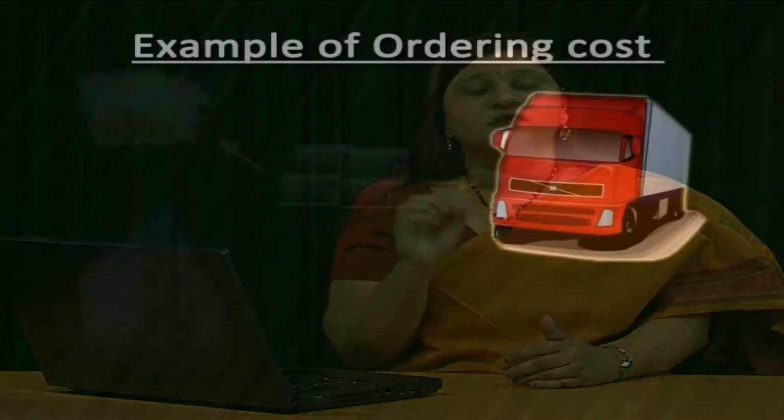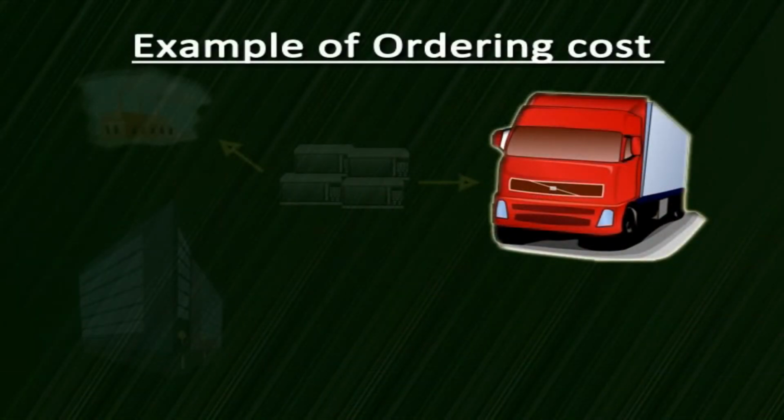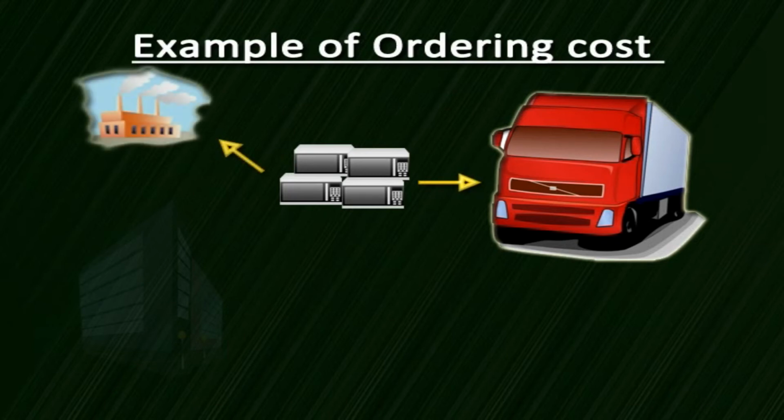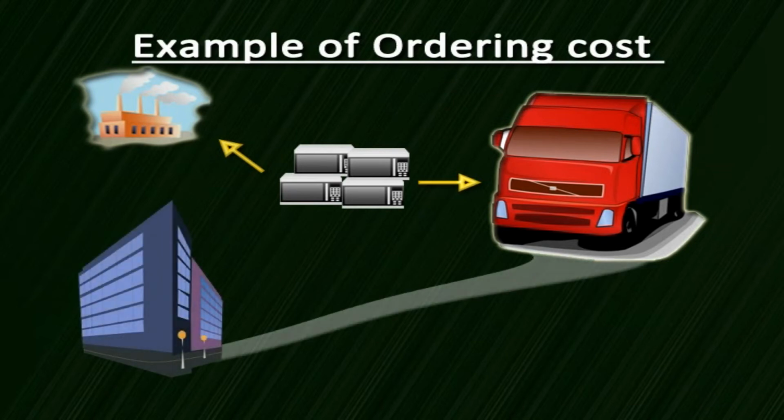Now students, let's take an example so that this concept comes to us in a very vivid fashion. We have hired a truck so that we can carry the inventory to our organization. Suppose we need 10 microwaves for our production. So we have hired a truck, it is carrying those microwaves from the point of inception, that is from their manufacturing unit, to our organization.